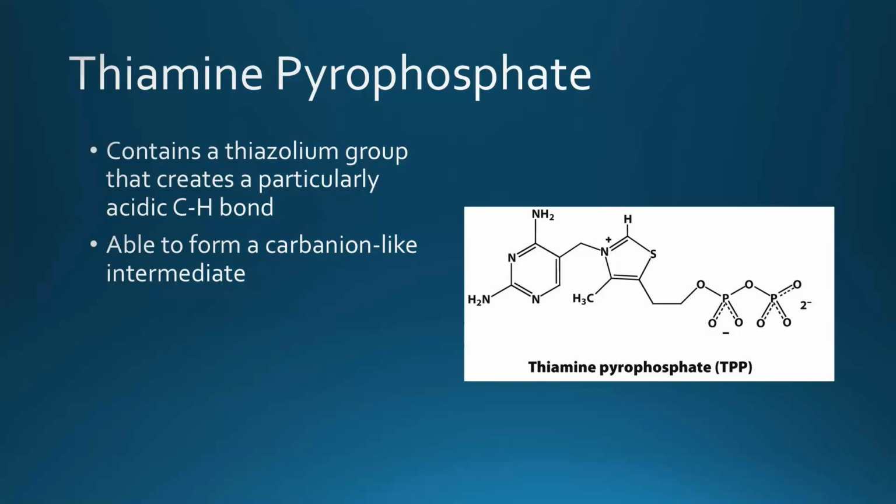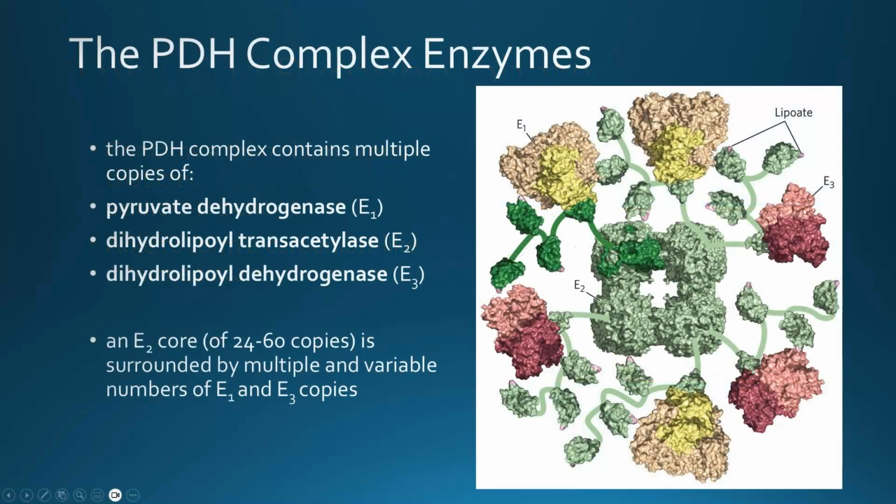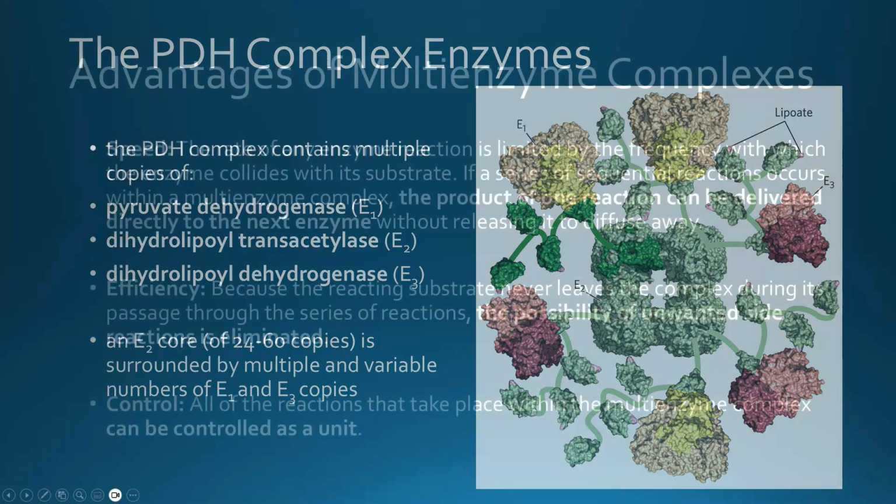When that hydrogen gets donated, then that becomes a carbanion, which is the nucleophile that attaches to the carbonyl group of pyruvate. In the green, you can see the lipoic acid on the arms that are linking it so that it can transfer the acetyl group back and forth between the E1, E2, and E3 active sites that it can fold over into.